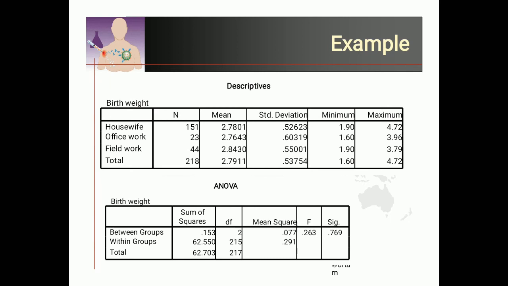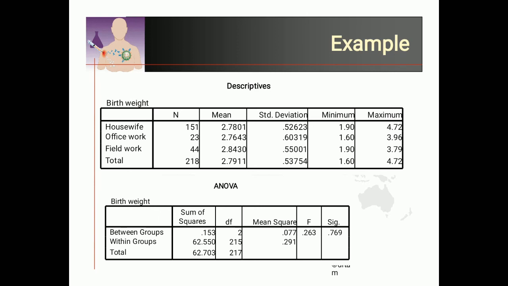The sum of squares, also called SOS, between groups is 0.153. Within groups it is 62.550. So the total is 62.703. Degree of freedom for between groups is 2, within groups is 215, so the total degree of freedom is 217.